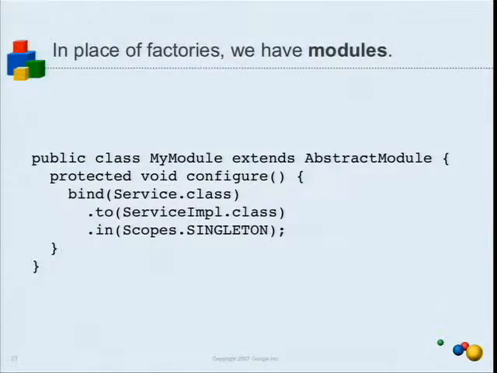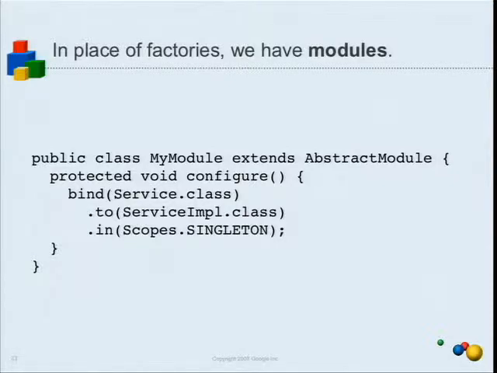So instead of having these factory classes, service factory and client factory, all that boilerplate code, in Guice you configure things declaratively. Instead of having service factory, I implement this interface called module, and this is how I configure Guice.